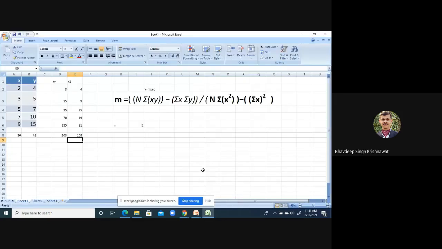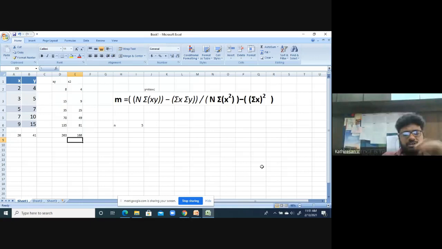Yes, sir. You are given the x value and y value. The sum of x square is there, the sum of y square is there, the sum of xy is also available. By substituting these values in this formula, you can find m.